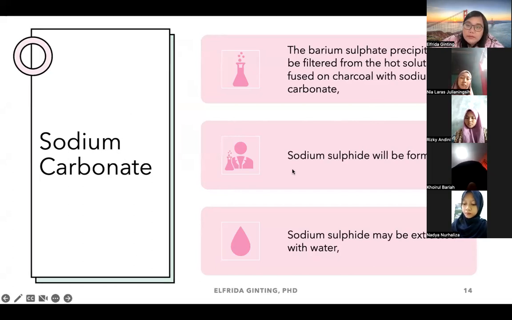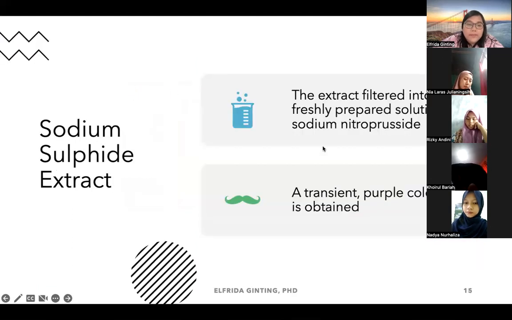This sodium sulfide, you mix it with water and filter it. You mix the extract filtrate with sodium nitroprusside, then you have a transient purple color. Okay, so that's one process of identifying the sulfate anion.